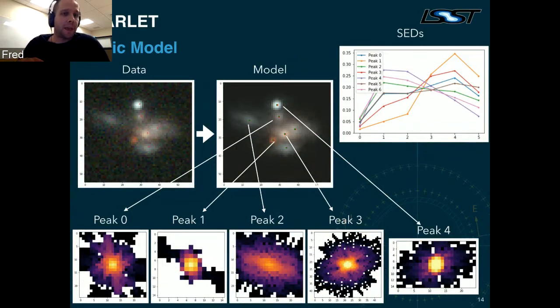Each component has a single morphology and the same SED for that morphology. So in each band, we're saying that it has the same morphology. You can see an example here, where on the right you see the SEDs for all of the objects in this image, and along the bottom is the morphology that we combine with the SEDs to try and recreate the data.